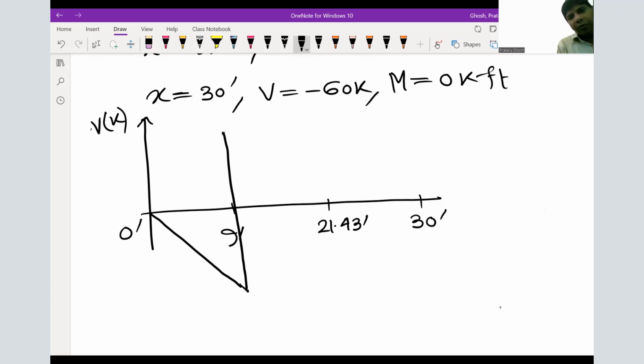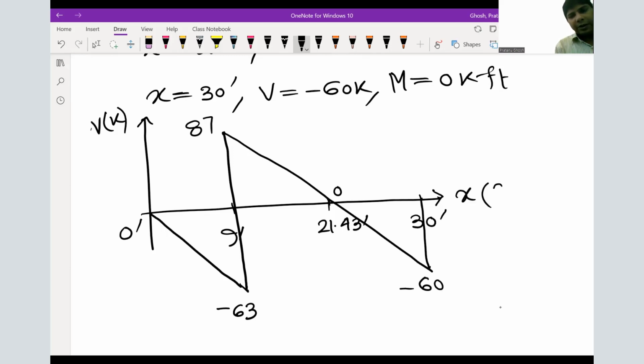Then again 21.43 feet, it becomes 0, and then it becomes negative 60. So negative 63, positive 87, 0, and then negative 60. A, B, C.